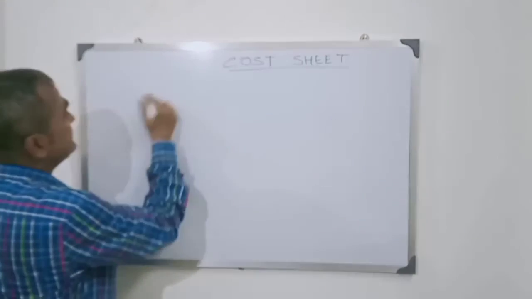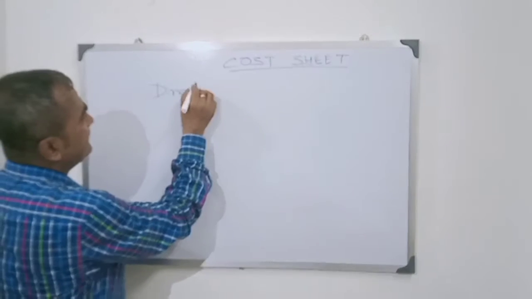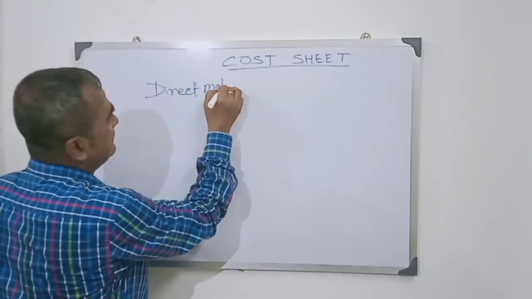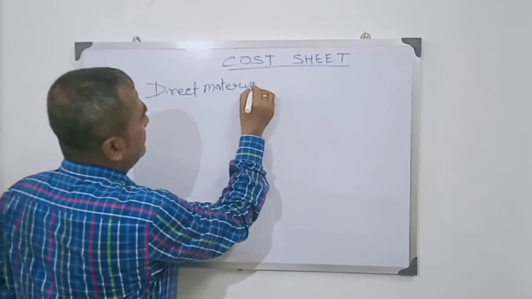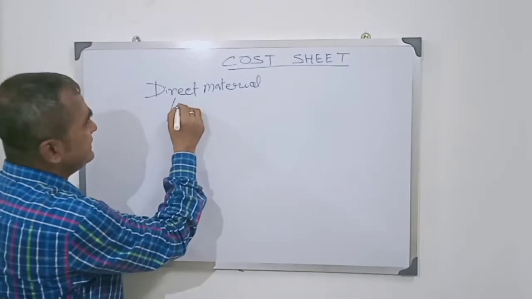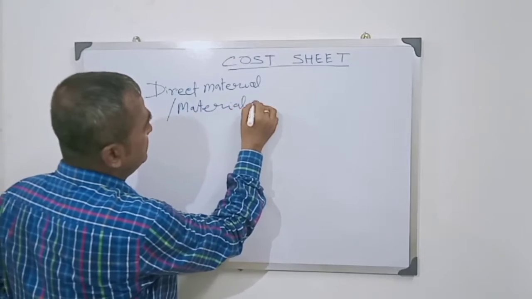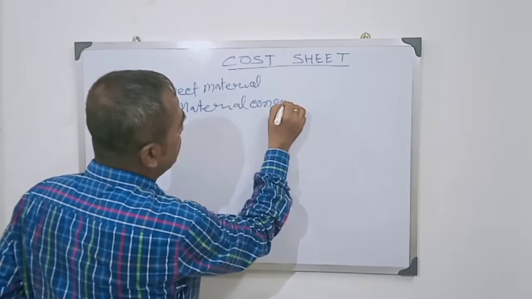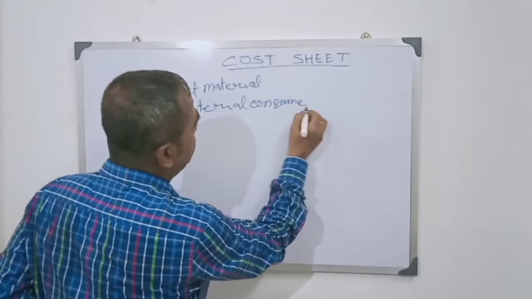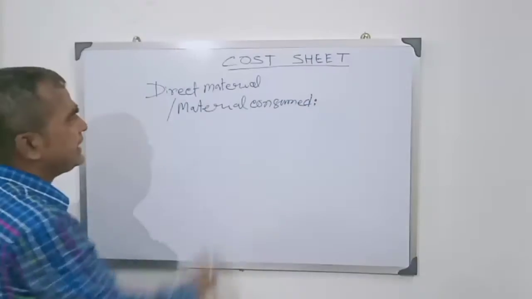First major head is direct material, or we can say the material consumed. Now, what is material consumed or what is direct material?